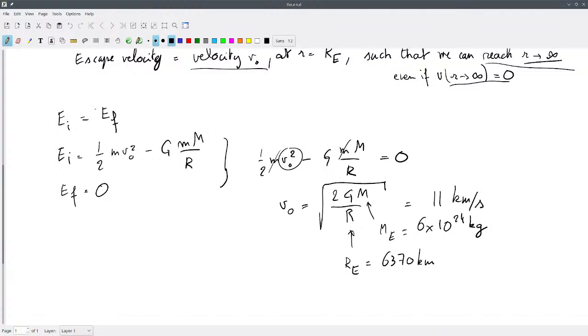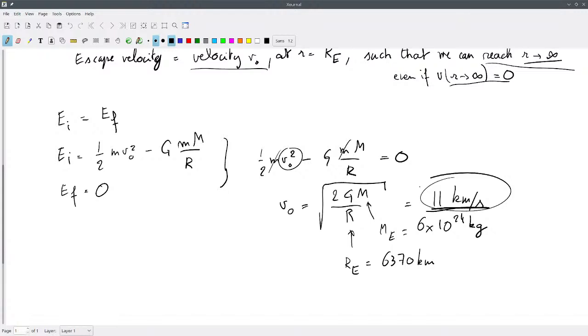So if we want something to escape the gravitational pull of the Earth, we have to give it a velocity of 11 kilometers per second. And of course, the job of a rocket is to get to that 11 kilometers per second.